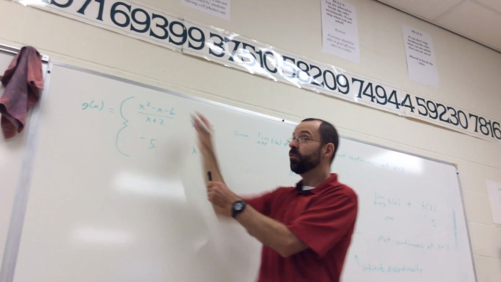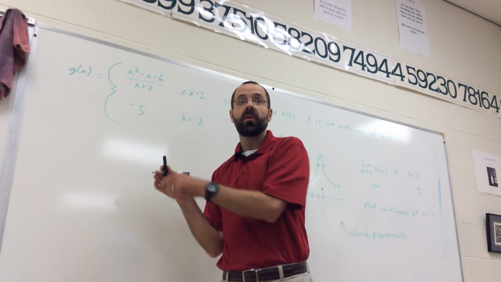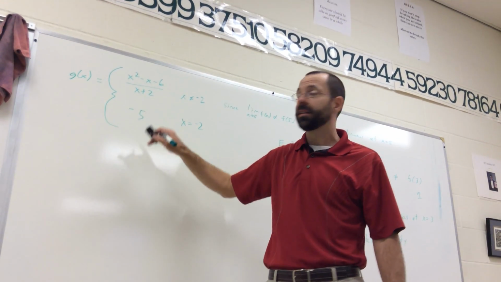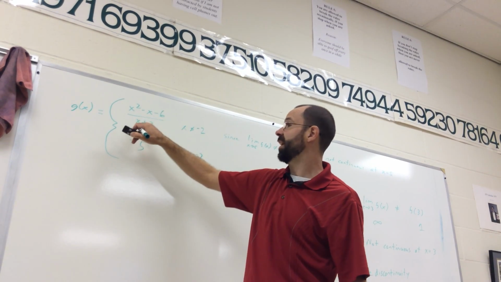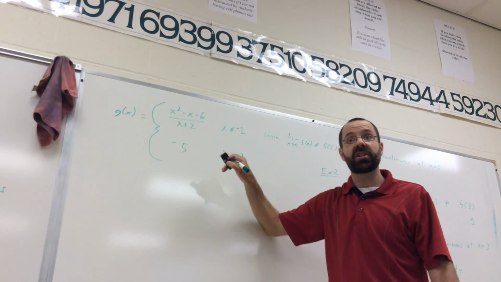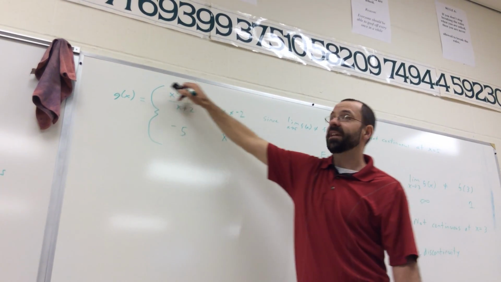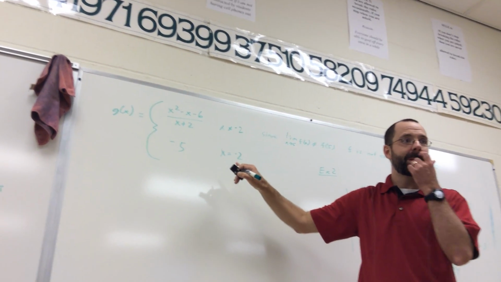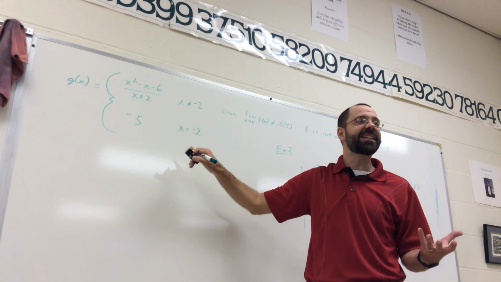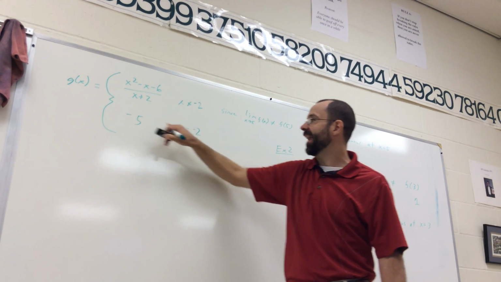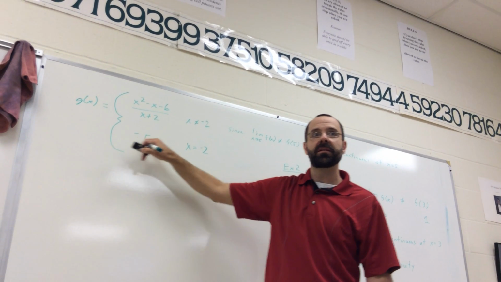Okay, so now I have a new function called g of x, where if I calculate the limit at -2, it comes out to -5. And if I calculate g of -2, it also comes out to -5. So this is a continuous function. So I extended the definition, meaning I added a little bit of piece.